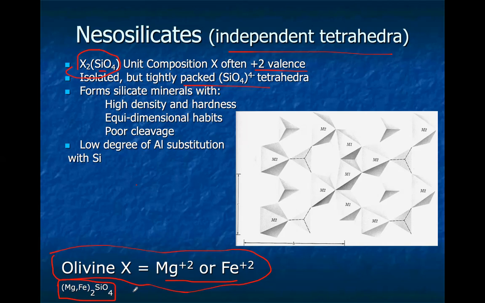So you will have to do self-study and submit the assignment also. Later on I will give you the assignment. For the time being, I'm showing you only olivine as the example.